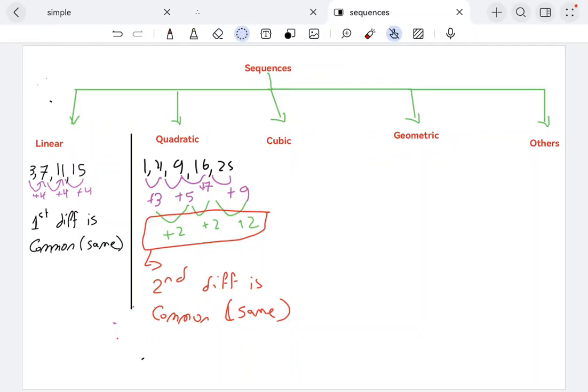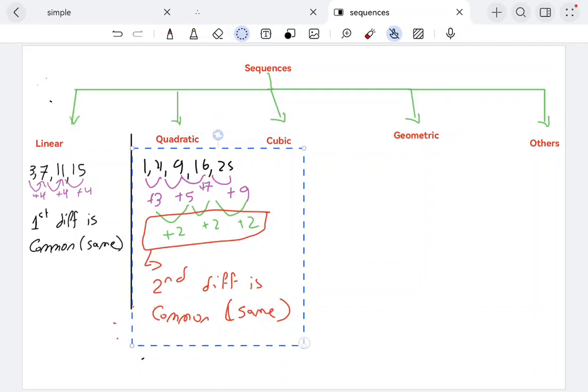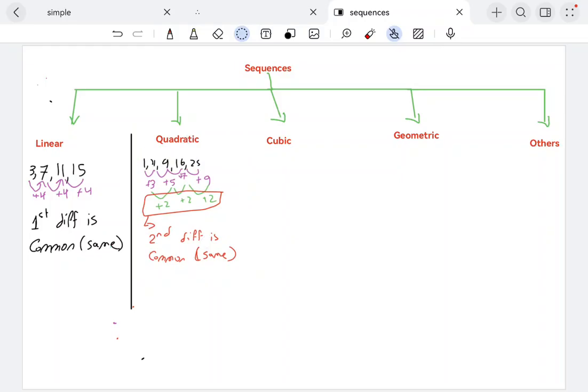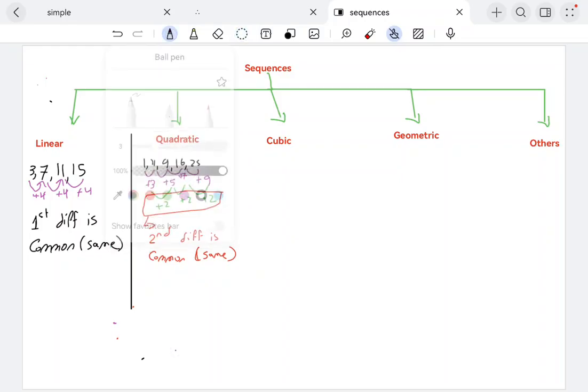And here we are. Let's say again, resize, have some space. Okay, let's go to the cubic sequence.